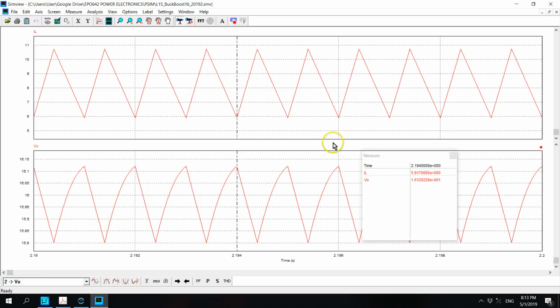Okay, the maximum is 16.12. Can you take note of that? 16.12. And then you have the minimum peak of 15.80. Do I get 0.32? Yes, it is 0.32 volt.